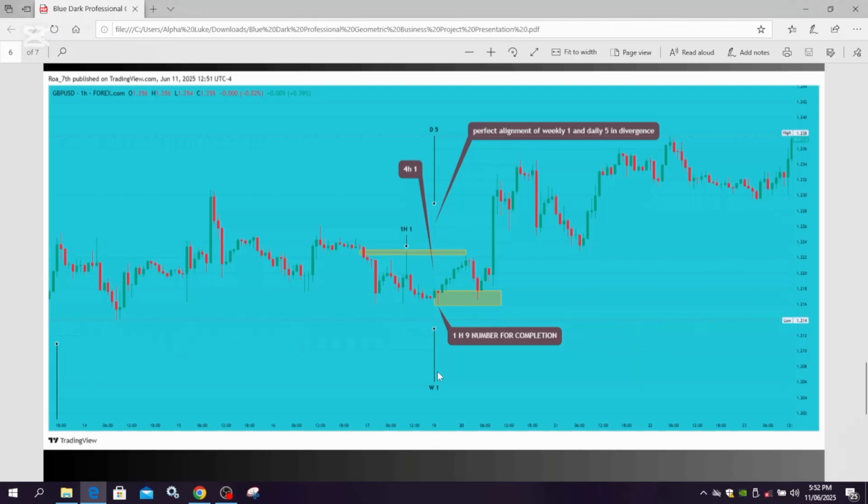The 1 hour, the weekly and the 4 hours actually have their ones in the same spot. Take note of that. 1, 1, 1. So we have new beginnings within the same span. Understand that this one right here and this weekly's one is something that we've already noted from the higher time frame.